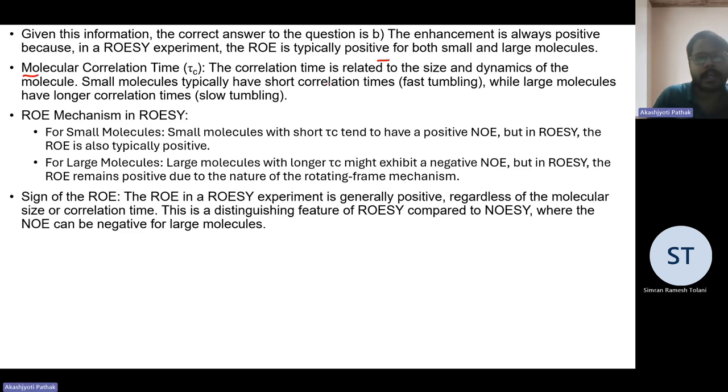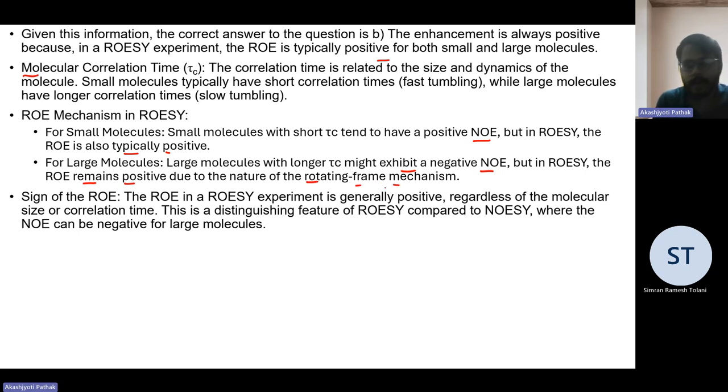Molecular correlation time: the correlation time is related to the size and dynamics of the molecule. Small molecules tend to have short correlation time and a positive NOE, and in ROESY the ROE is also typically positive. Large molecules with slow tumbling or longer correlation time might exhibit a negative nuclear Overhauser effect, but in ROESY it remains positive due to the nature of the rotating frame mechanism.